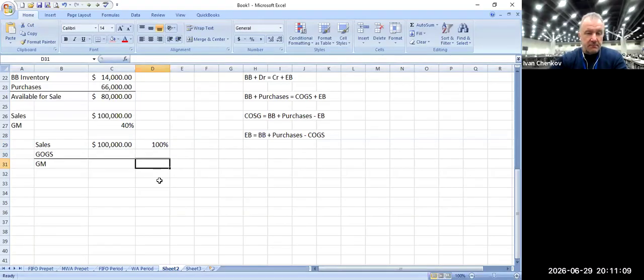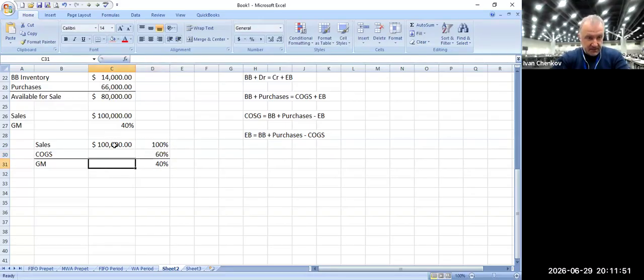The next thing that I know is my gross margin is equal to the sales minus cost of goods sold. But also the gross margin in my company normally is 40%. If sales minus cost of goods sold gives me the gross margin, the same is applicable for the percentage. 100 minus something has to give me 40. So I can easily calculate my cost of goods sold as a percentage: 100 minus 40%.